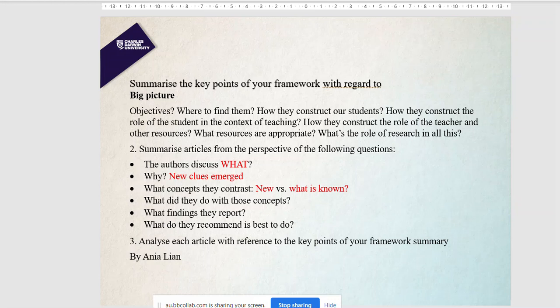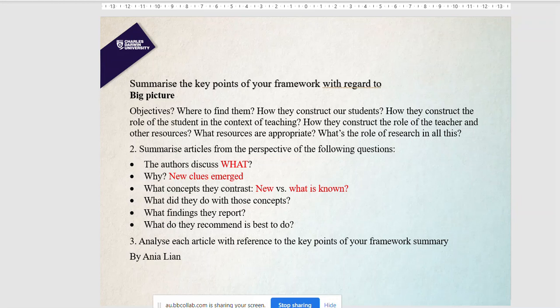So I would suggest that as you start your literature review, you write a small introduction where you, on the basis of what you have written, summarize the key points of your framework.